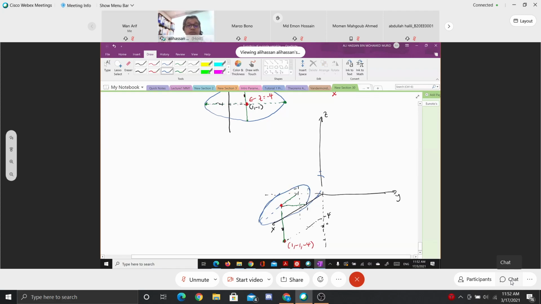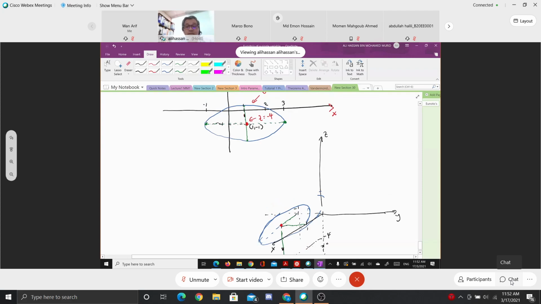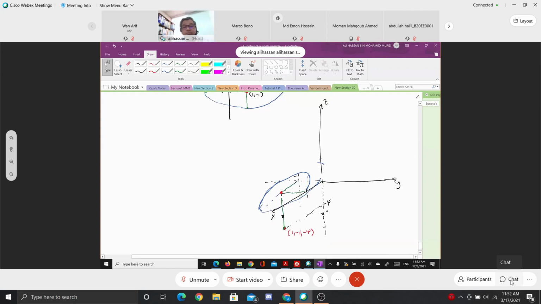Yeah, something like that, on the xy plane. So it is something that looks like this, the ellipsoid. Yeah, ellipsoid.